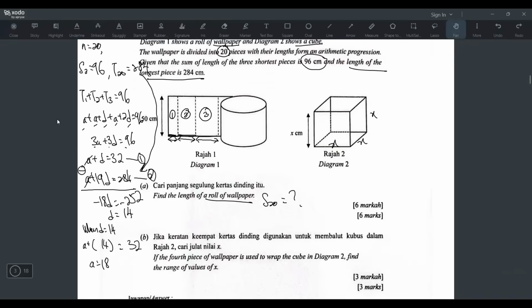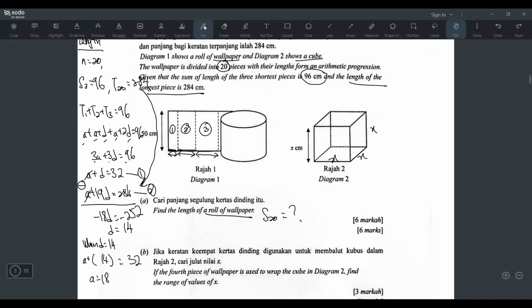Okay, but it's not over yet. The soalan asks for the length of roll of wallpaper, which means they want the S20. Okay, because the roll of wallpaper means that after you pull out the whole roll, it's like here plus here plus here plus here and so on, right? But we already know the length here is 18 because that's your first term, right? Or you can say the first length. The second length will be 18 plus 14, which is 32, right?